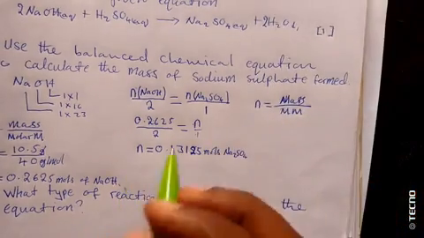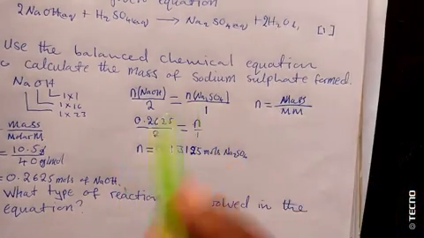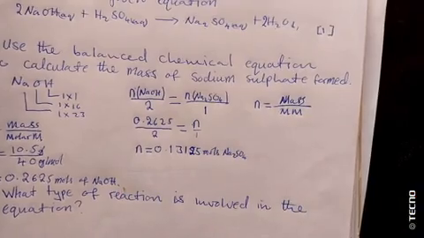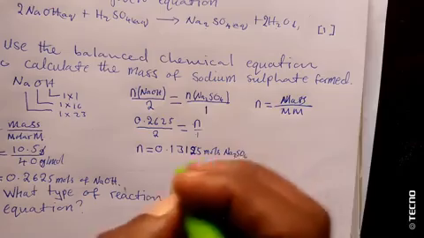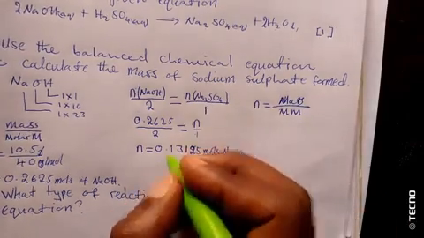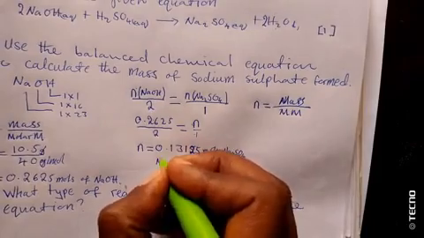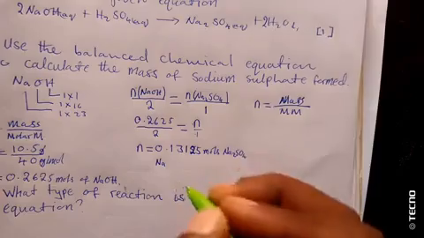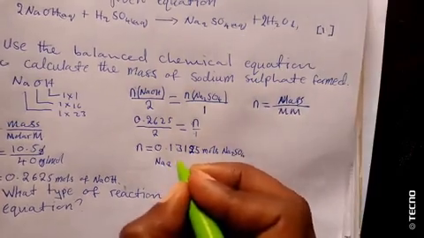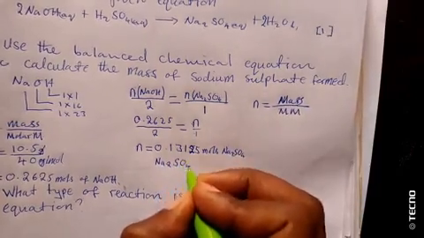Then we are going to find the molar mass for sodium sulfate. We write Na2SO4.